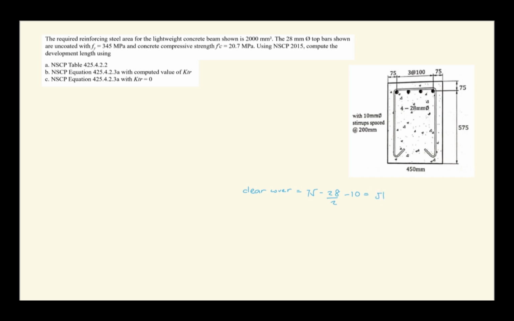Okay, and the clear spacing of the longitudinal bars is equal to 450 minus 75 minus 75 minus 3(28) divided by 3. This is 72.